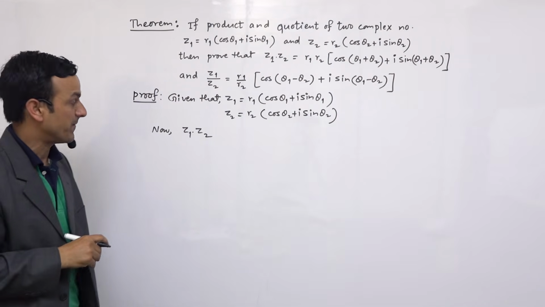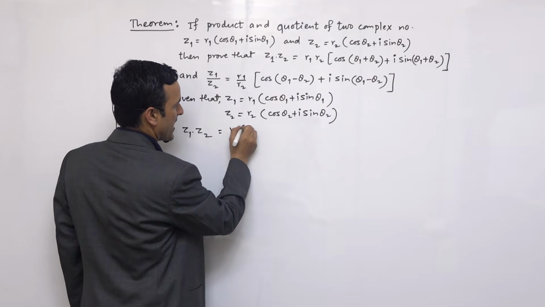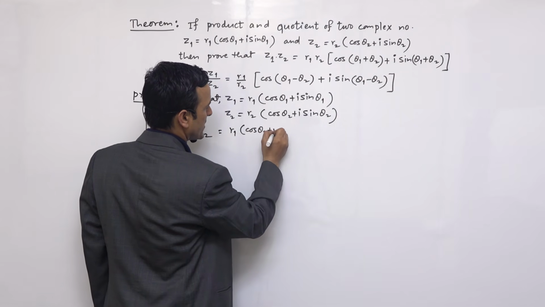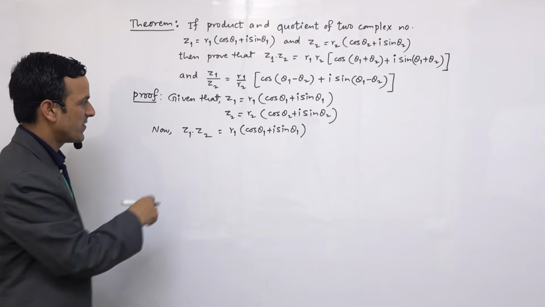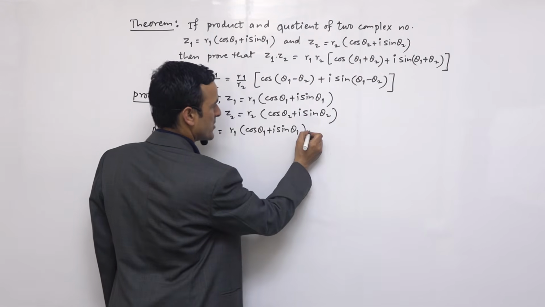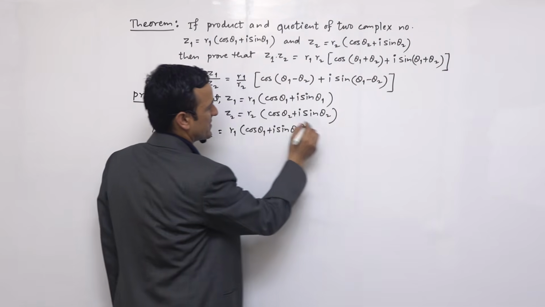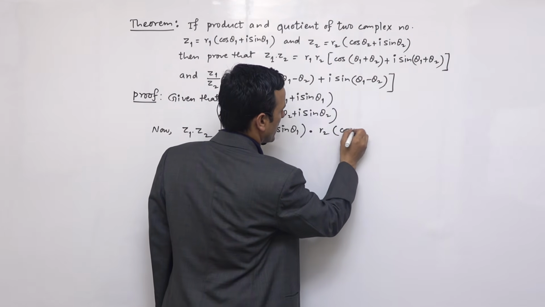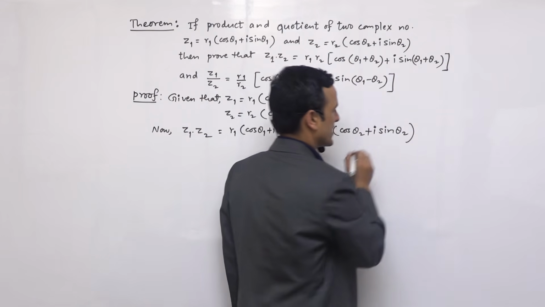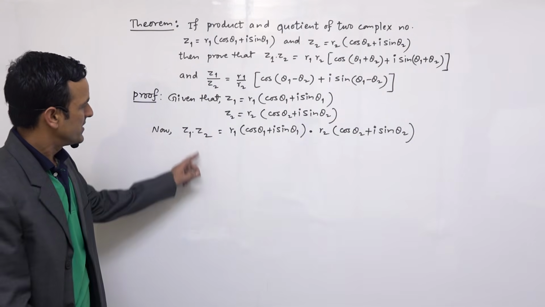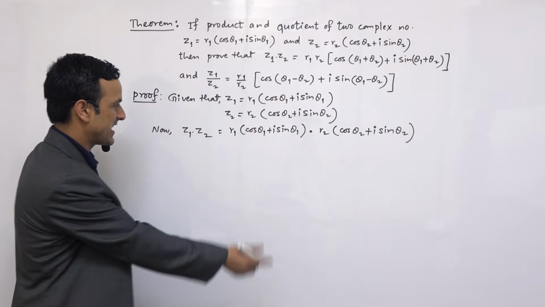After multiplying, R1 into cos theta 1 plus i sin theta 1, just substitute the value. Z1 is this one. Product means dot, and Z2 means this is the value R2 cos theta 2 plus i sin theta 2. So this is Z1 and this is Z2. Now we are going to multiply them.